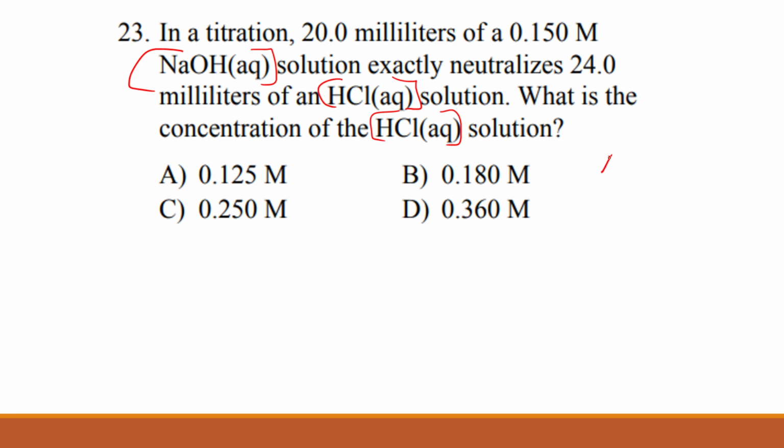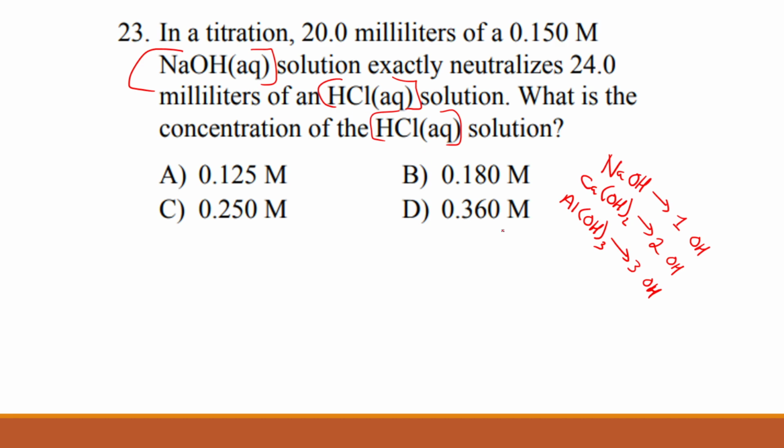It matters because we could have NaOH, we could have CaOH2, or we could have AlOH3, and each one of these things, like we've talked about in the past, gives you a different amount of OHs. So that would affect your calculations in a little bit of a different way.